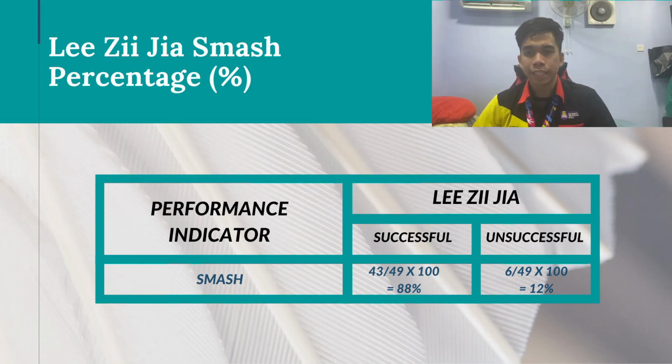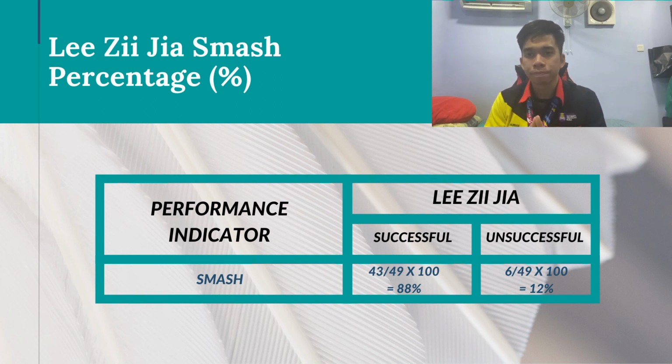For the performance indicator in badminton, which is smash, there are a total of 49 smashes executed by Lizijia, and only 43 of them are successful and the remaining 6 are unsuccessful. That is in general. And again, for sequential analysis, we made it more specific, where there are only 15 successful smashes that contribute to a point.